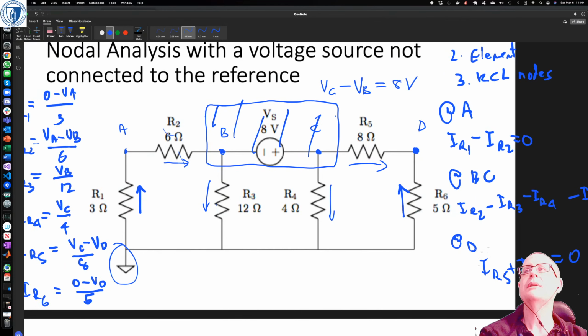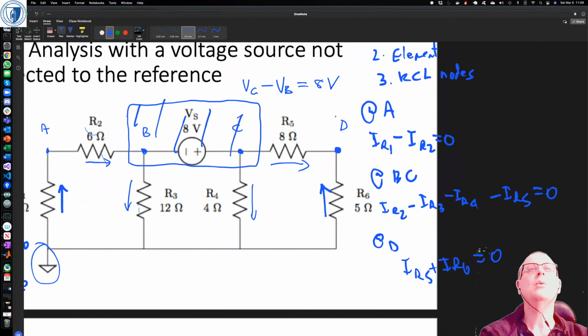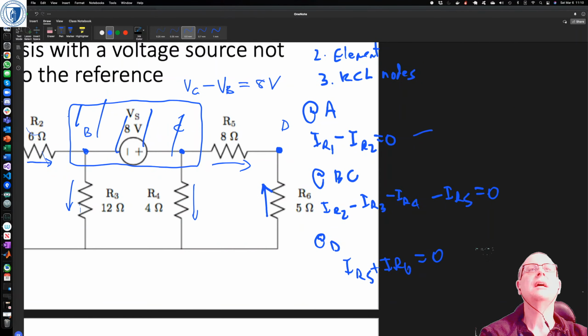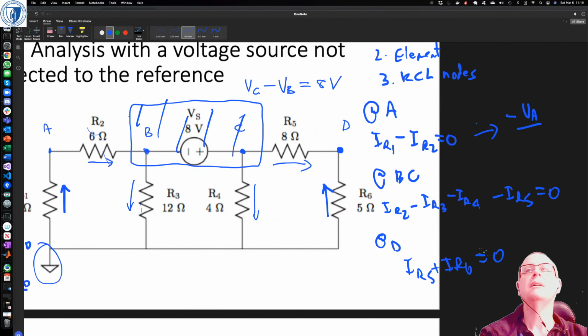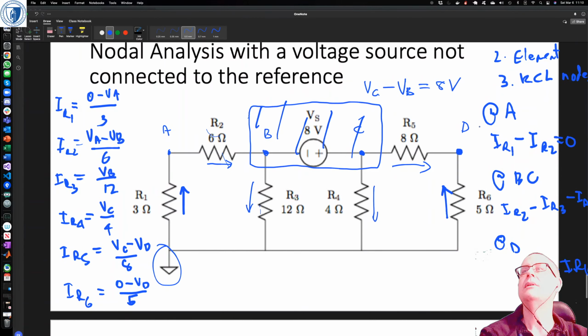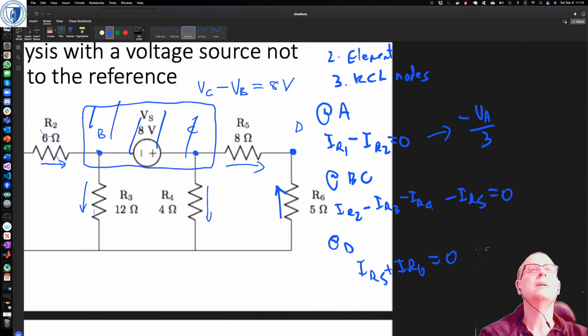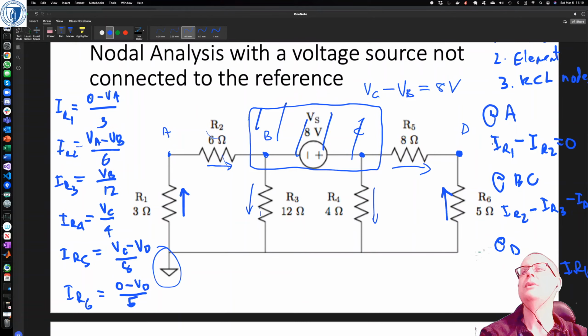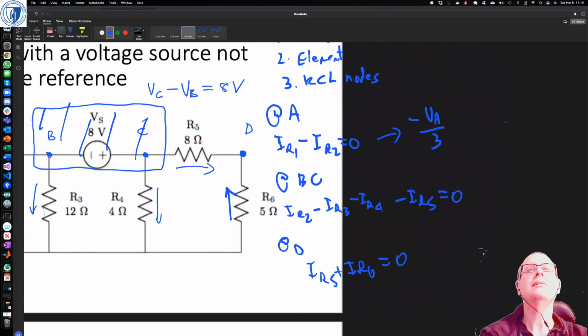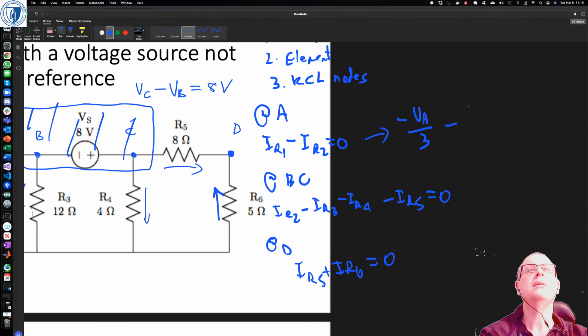Okay, so let's write that out again. So IR1 becomes minus VA on 3, and IR2 is VA minus VB on 6, so minus VA minus VB on 6 equals 0.